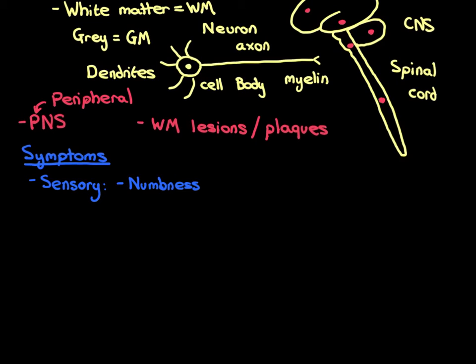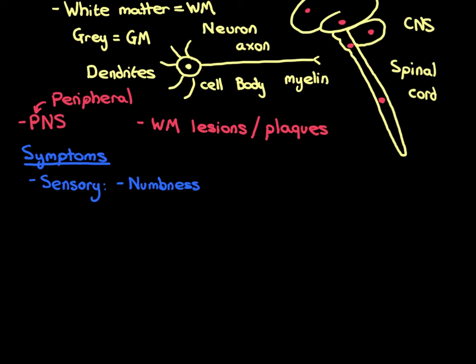Hopefully we can still understand why you might get numbness. So, sensory information that is coming in from your body is going to be relayed from the peripheral nervous system into the spinal cord mainly, and then the spinal cord is going to deliver this information up to the brain where it will be processed. That's a very basic account of how the sensory system works.